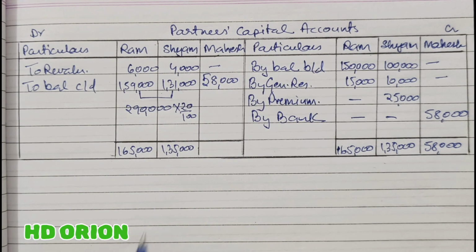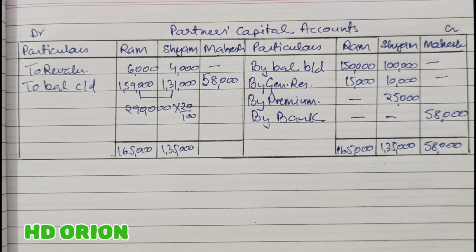So this is what it means. This is the only new step in this particular question. Otherwise, all the other things related to partners' capital account, revaluation account and making of balance sheet are discussed again and again in all the videos.